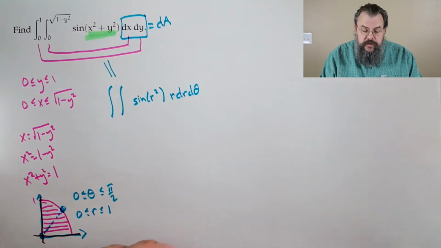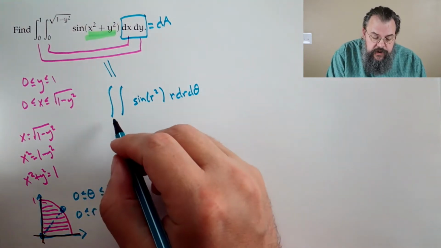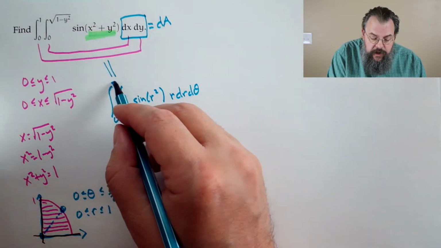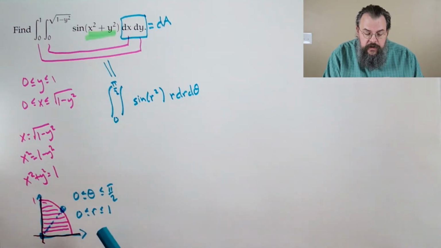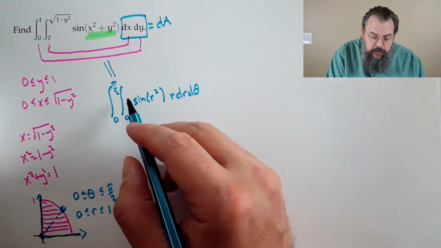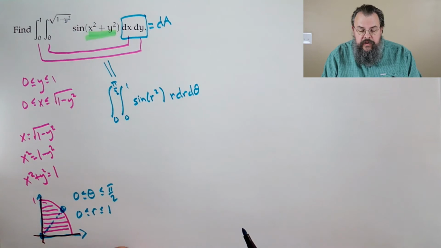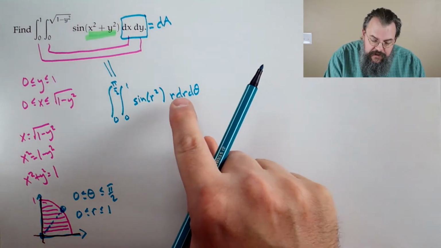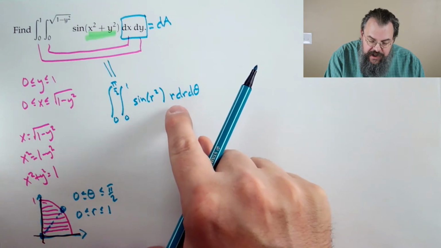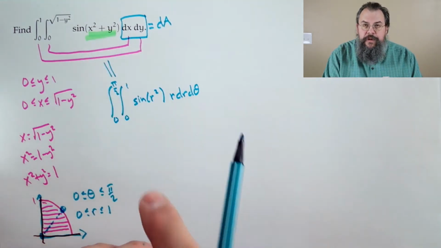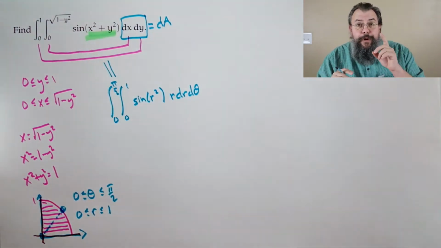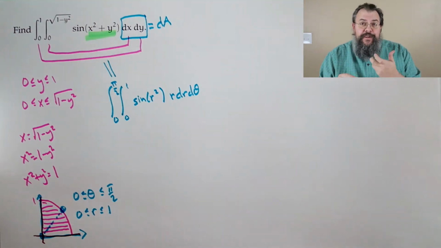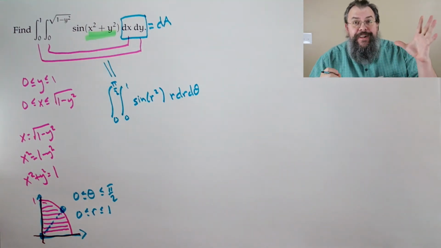Now the bounds, well, theta goes 0 to pi over 2. Great. And r goes 0 to 1. Wonderful. And we're feeling pretty good. Now notice, because of that dA, there's an extra r here. See here, hopeless. But with that extra r being added because of the dA, hopeful.